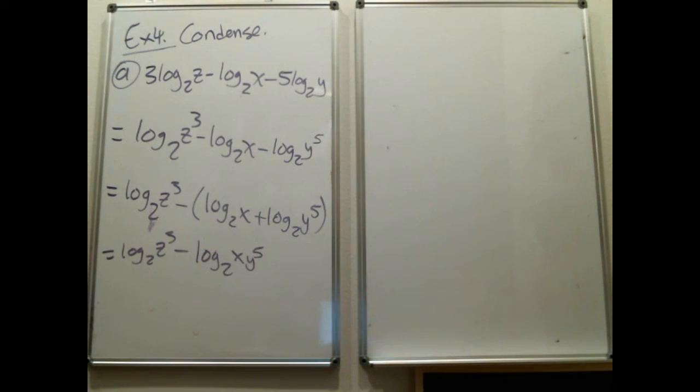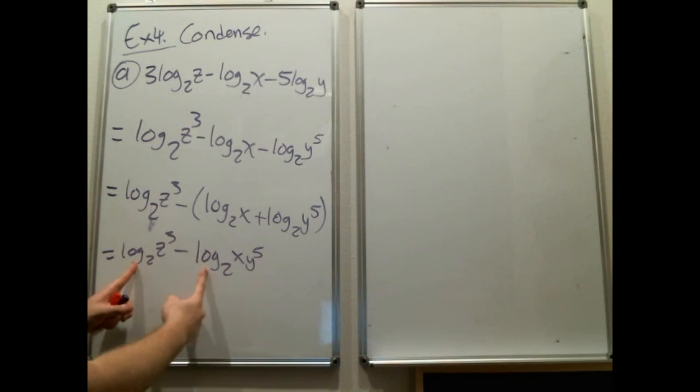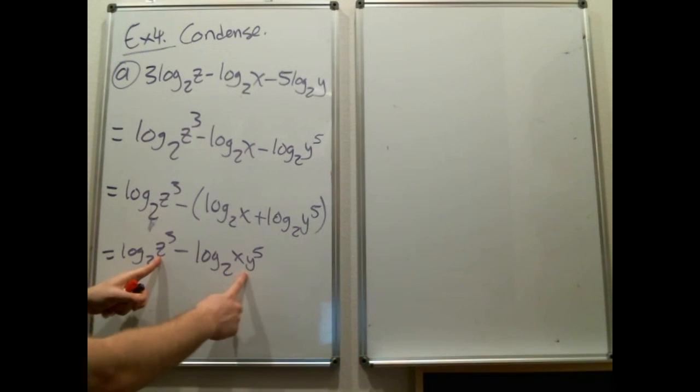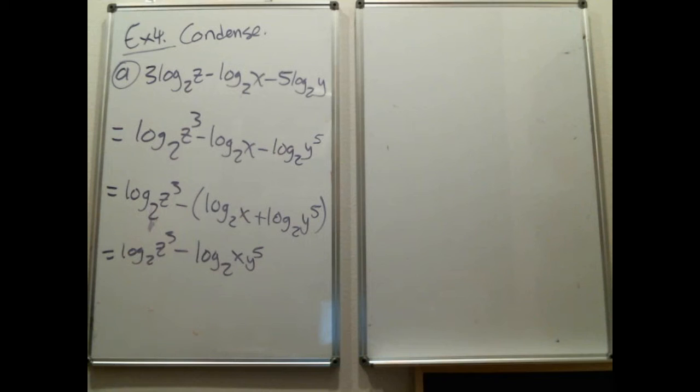Now you can notice that the quotient property is easily applied here because we have two logs with the same base and this is on the top divided by this. So this is much nicer looking than up here. So this is equal to log base 2, this one's on top, and then this one's on bottom. And that's all you would do there.